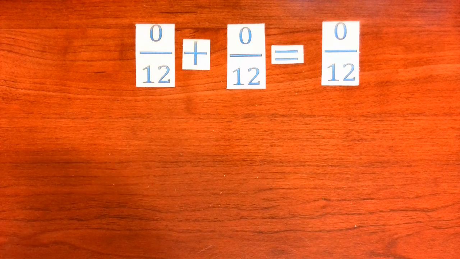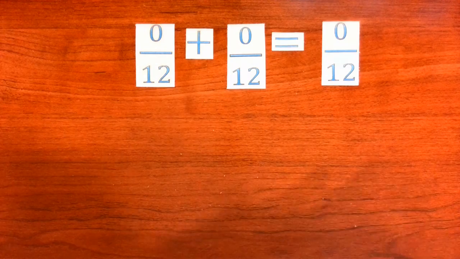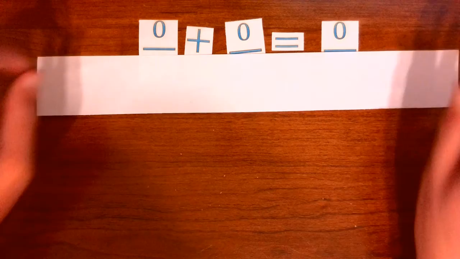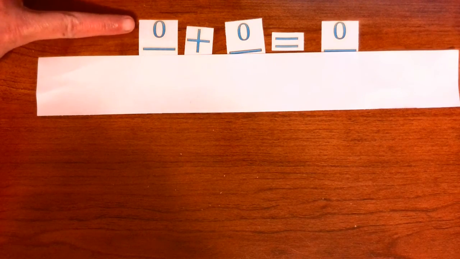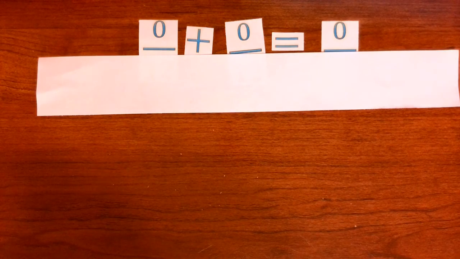I would like to show that even if you have two numerators of 0, the rules for adding fractions do not change. You still add the numerators and keep the denominators the same. Suppose that I wanted to solve 0 plus 0. So first of all, I would get 0. I would get nothing.